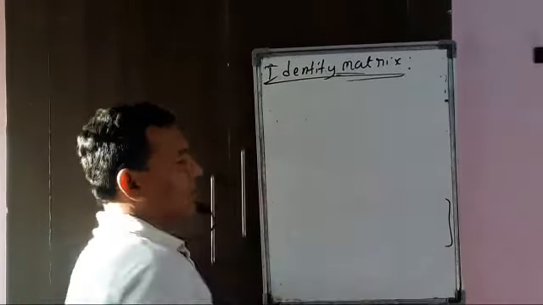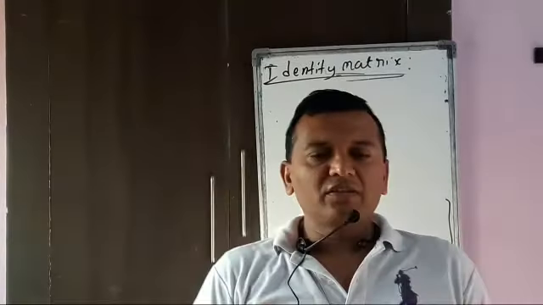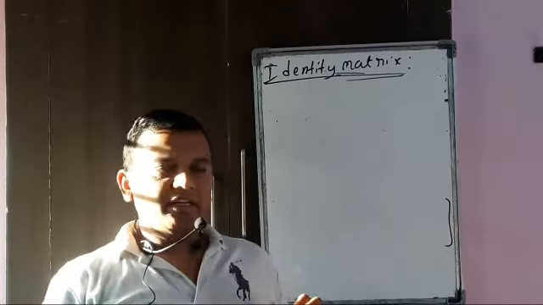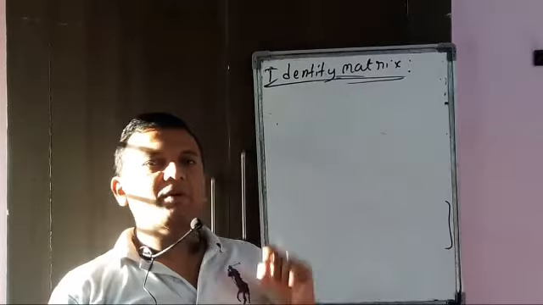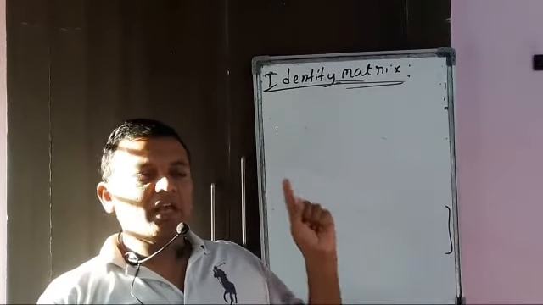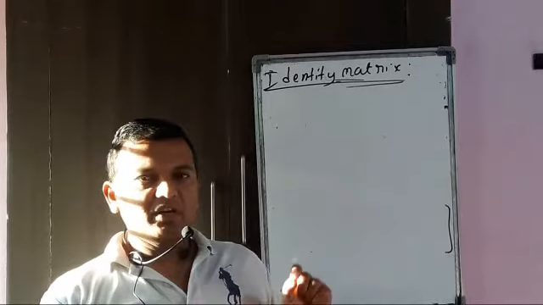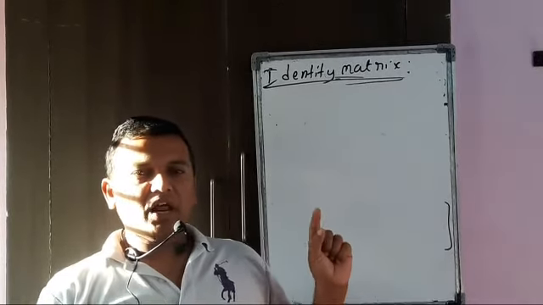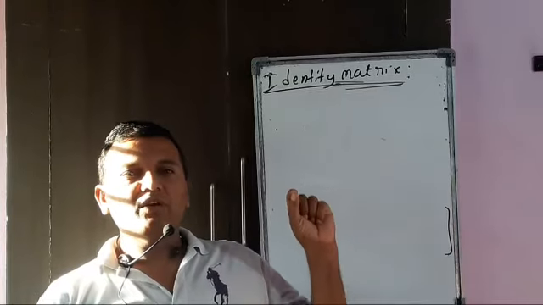See, after square matrix, we all depend on the square matrix to define the other matrices. Now, the identity matrix definition also will depend on the square matrix. A square matrix is said to be an identity matrix if its diagonal elements are equal to 1 and non-diagonal elements are equal to 0.